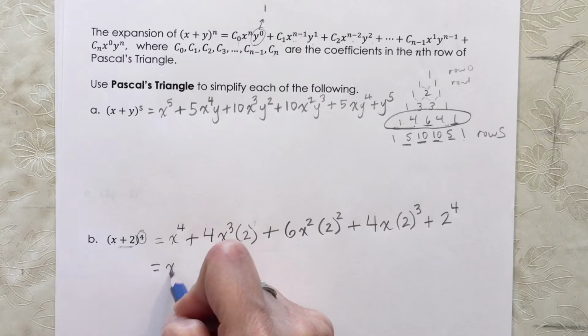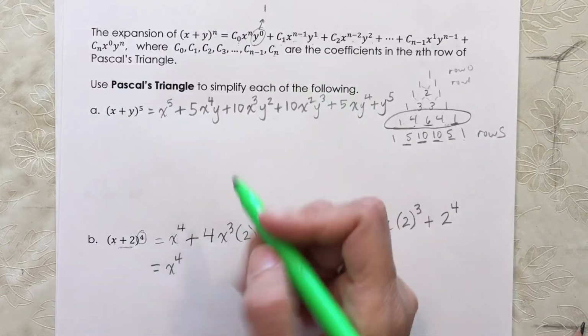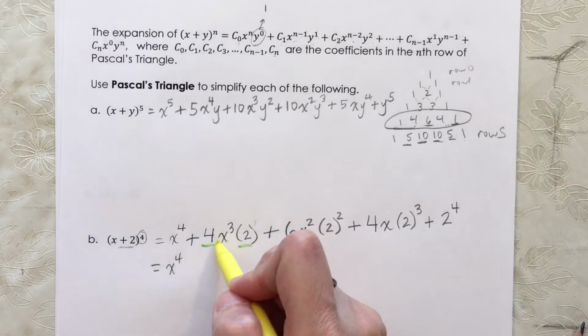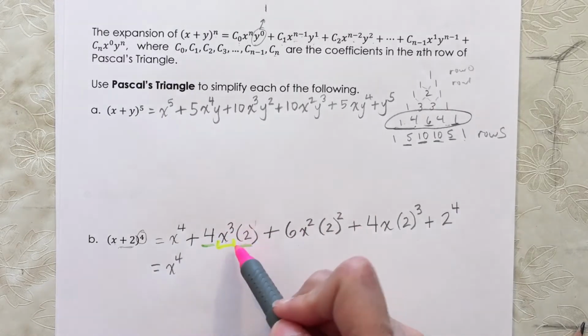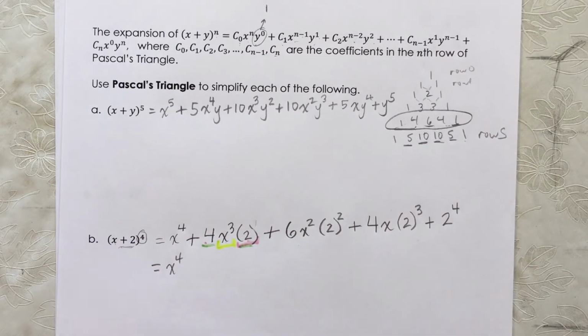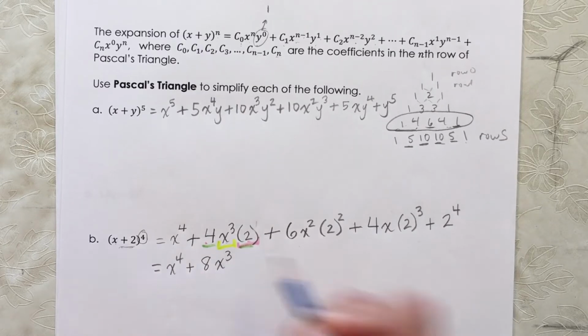The x to the 4th is going to stay, but I can multiply because they're both numbers, 4 and 2. This is really 3 things multiplying together, 4 times x cubed times 2. But I can multiply the 4 and 2 together to get 8. So x to the 4th plus 8x cubed.